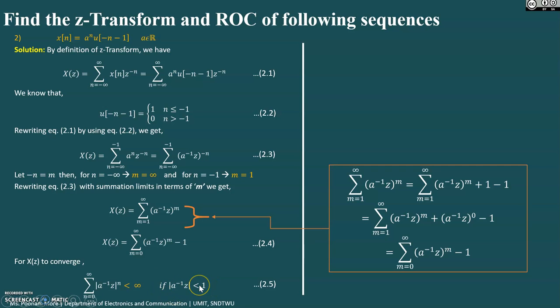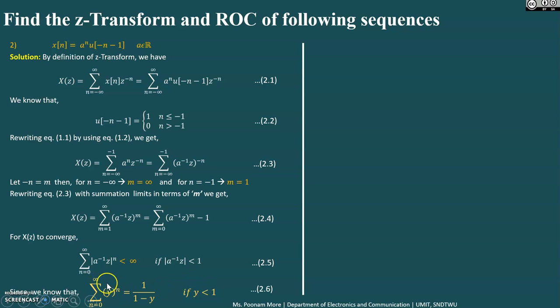So by considering this condition and the formula that we have already discussed earlier, we can write x of z is equal to 1 upon 1 minus a inverse z, as the term a inverse z is coming into the picture. So for this summation, we can write this expression, that is 1 upon 1 minus a inverse z, and this minus 1 we are considering as it is.